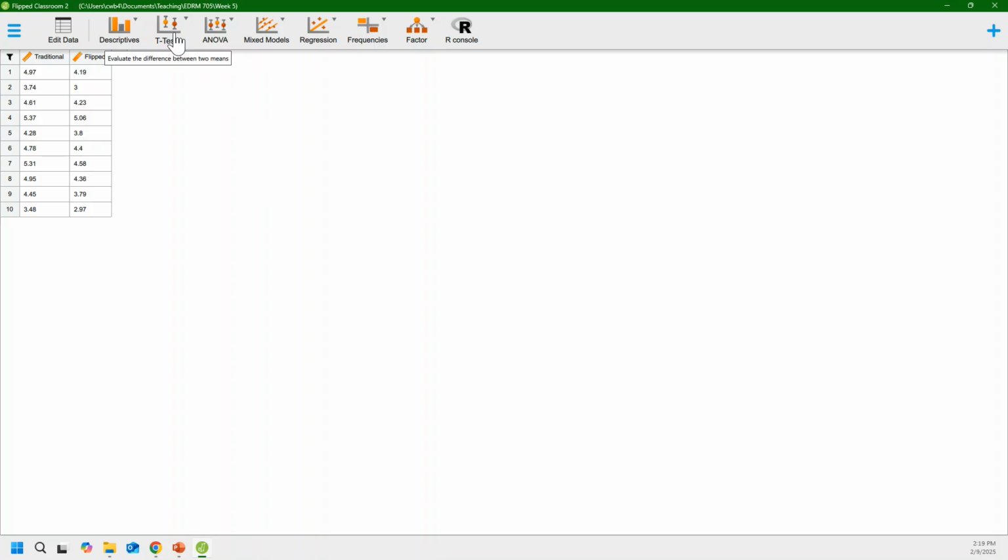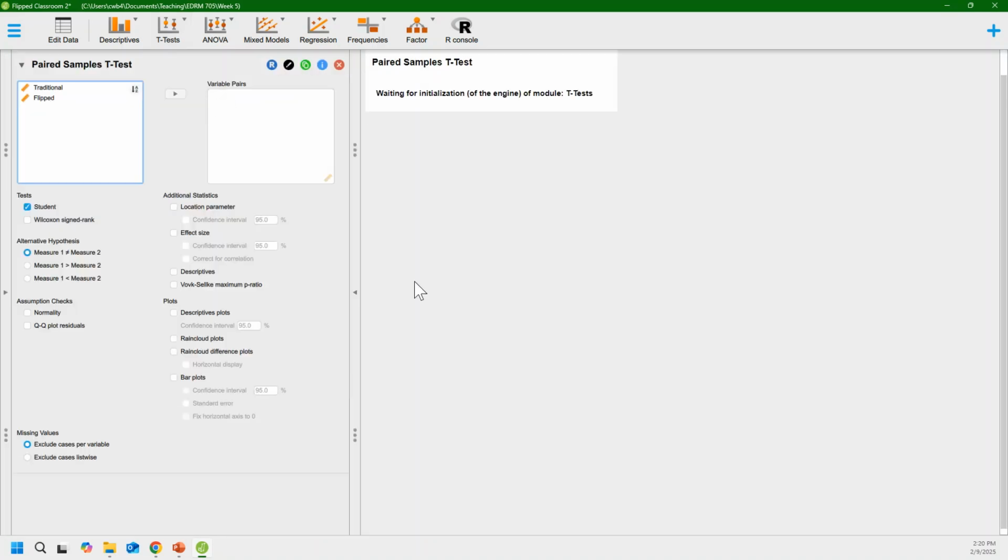Now I'm ready to run some descriptives and also run some checks of my assumptions. Notice here, instead of using the dependent samples t-test, I'm going to use the paired samples t-test. When I do that, I'm going to uncheck this. I just like doing that first. I don't know why.